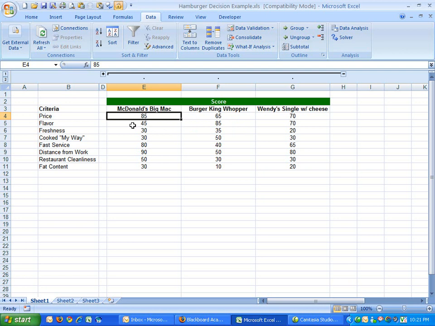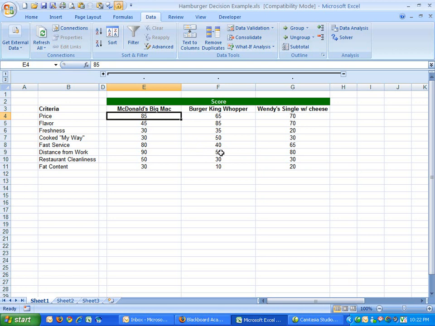Flavor, Big Mac's only 45 as opposed to an 85 on the Whopper, 70 on the Wendy's. If we go down here to distance from work, Big Mac gets a 90, Burger King only gets a 50, Wendy's gets an 80. This must mean that McDonald's is much closer to my work than Burger King. It got a score of 90 instead of a score of 50 for Burger King, which must have been further away.